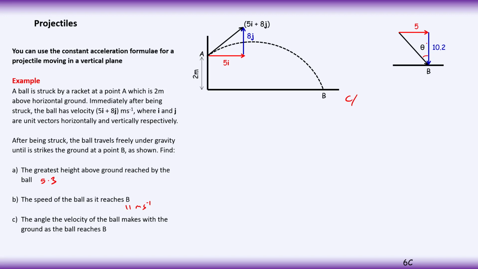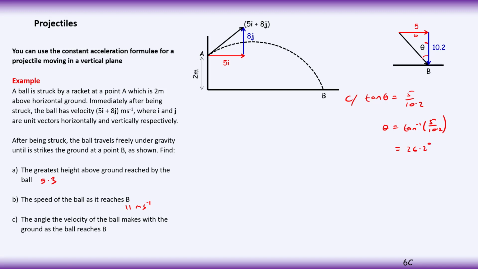This is adjacent, this is opposite, so I can use tan. Tan of theta is equal to opposite over adjacent, so 5 divided by 10.2. Theta is equal to tan to the minus 1 of 5 divided by 10.2, which, if I work that out, is 26.2 degrees.